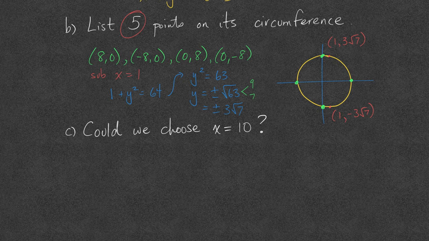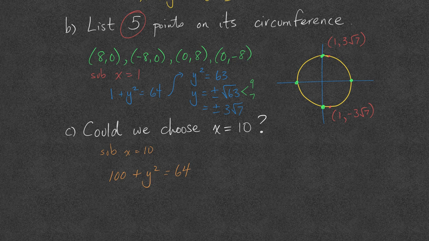Okay, I'm going to do the same thing. I'm going to sub in an x value of 10. So that becomes x squared, so 10 squared is 100, plus y squared equals my r squared, which was 64.